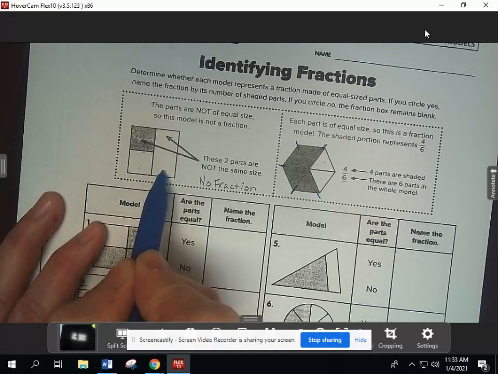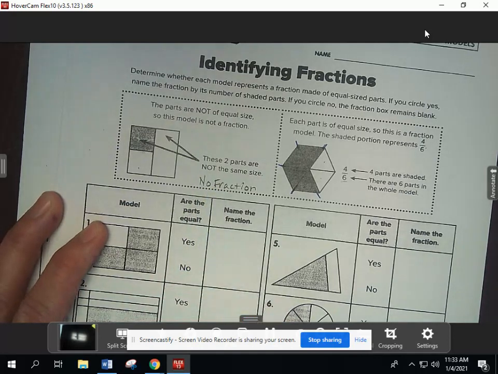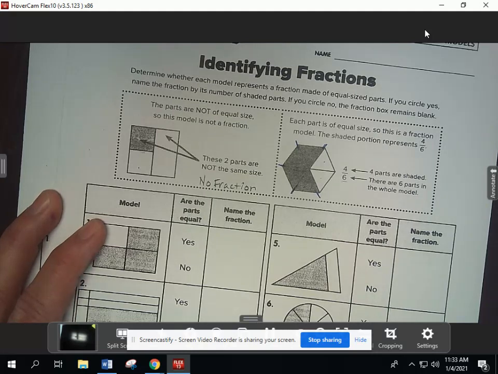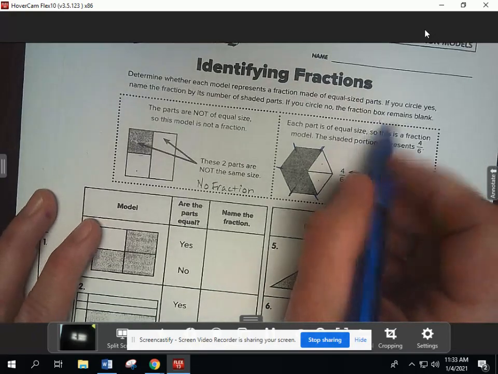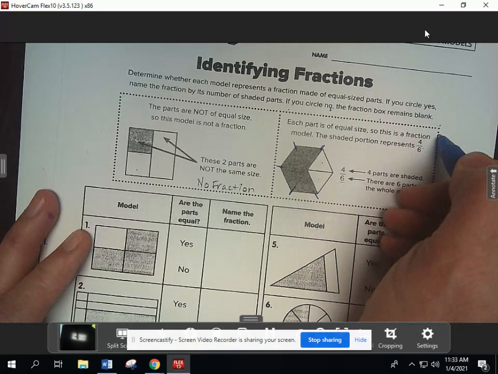Same size? So we're not writing a fraction. Not that it can't be a fraction if we added more lines, but we can't make it a fraction right now according to our directions. So if you circle no in the fraction box, then you leave it blank.